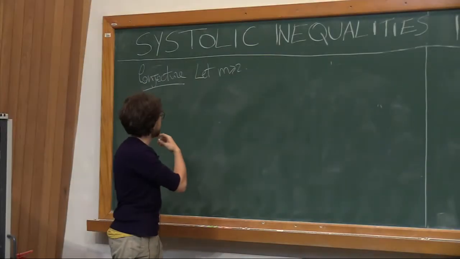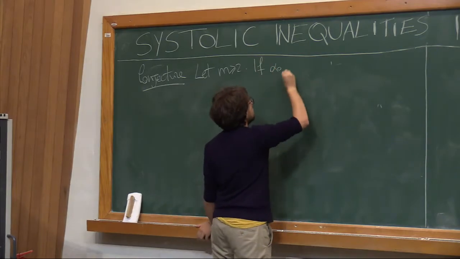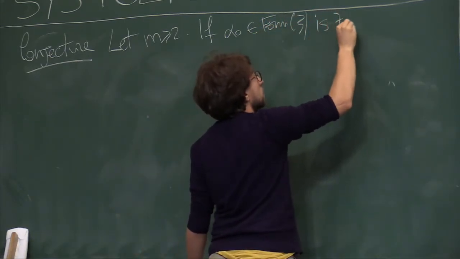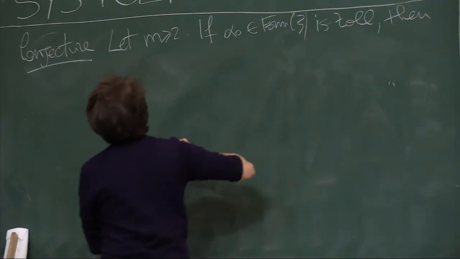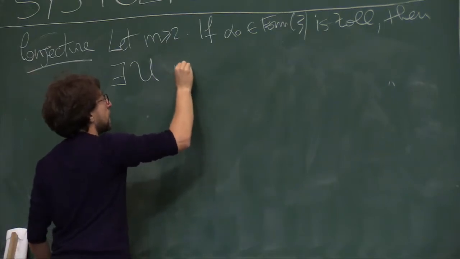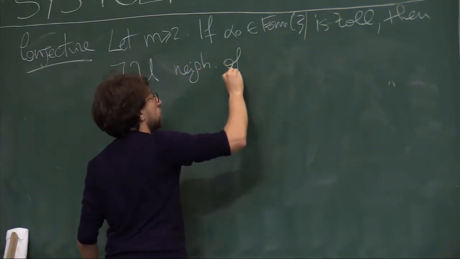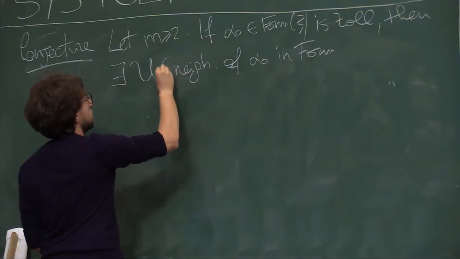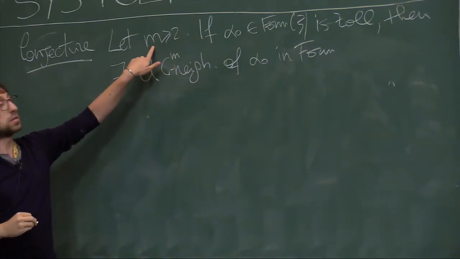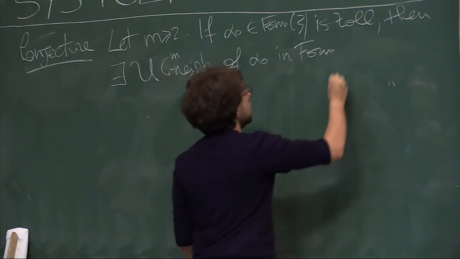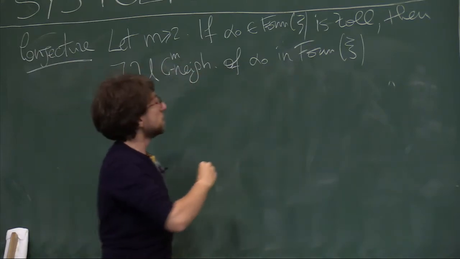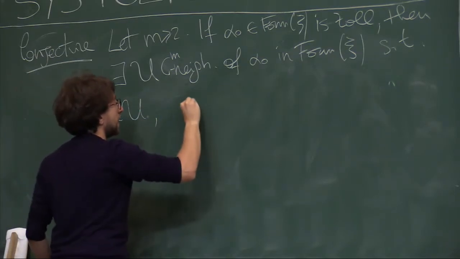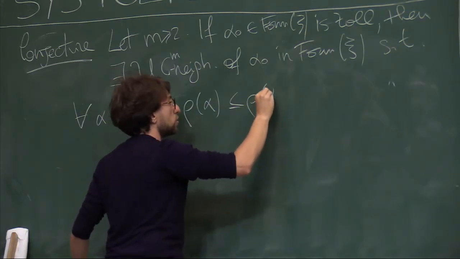And then the conjecture says that if alpha naught is Zoll, then there exists U, a C^m neighborhood of alpha naught in the space of contact forms, such that for all alpha in U, the systolic ratio of alpha is less or equal than the systolic ratio of alpha naught.